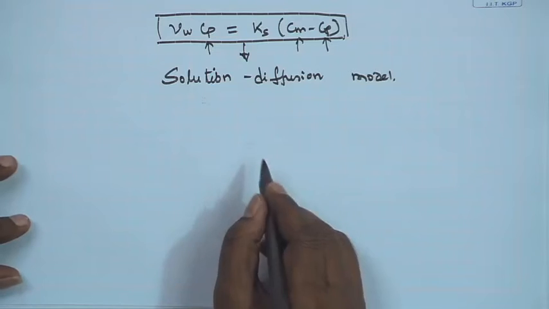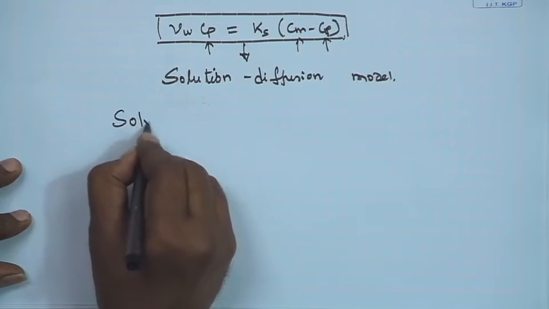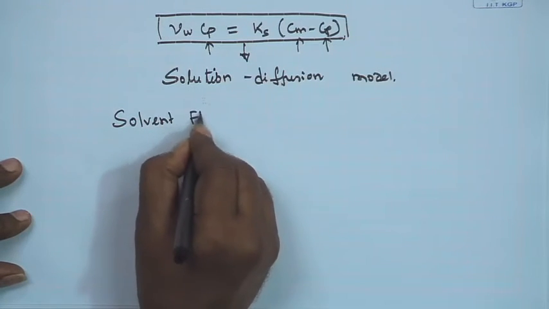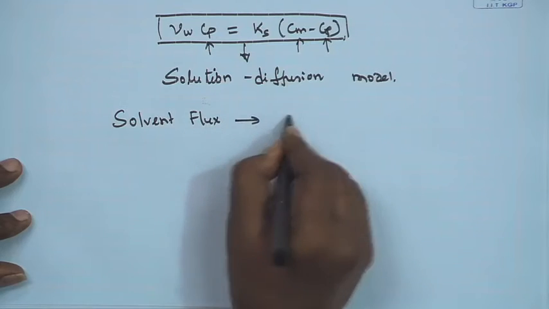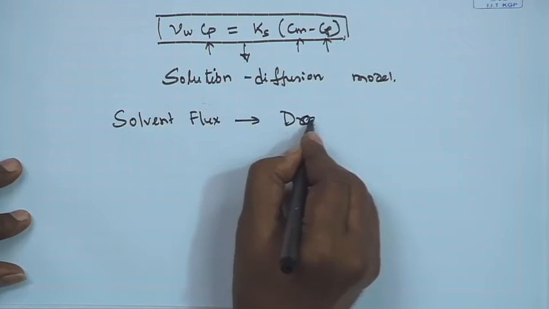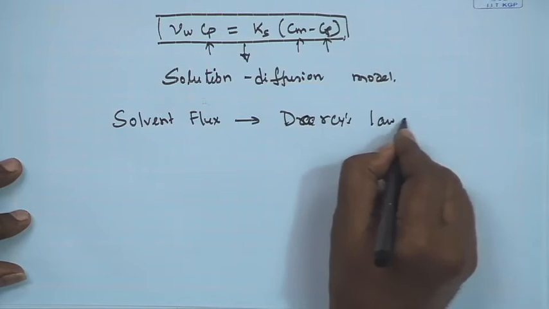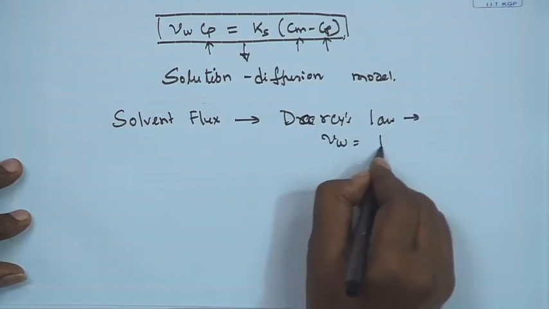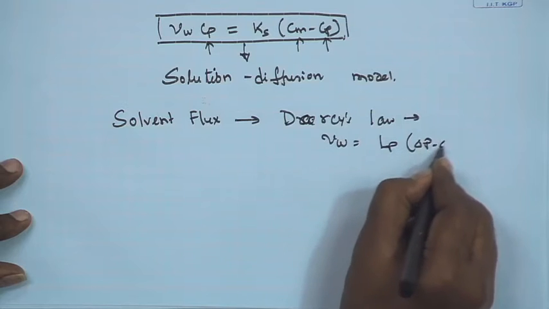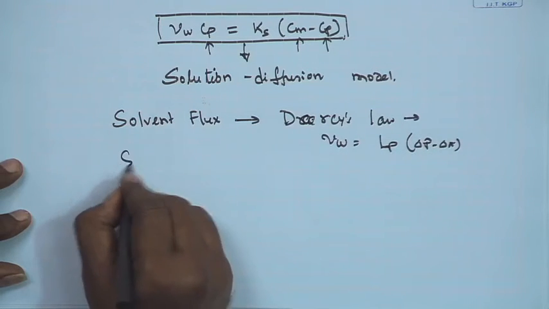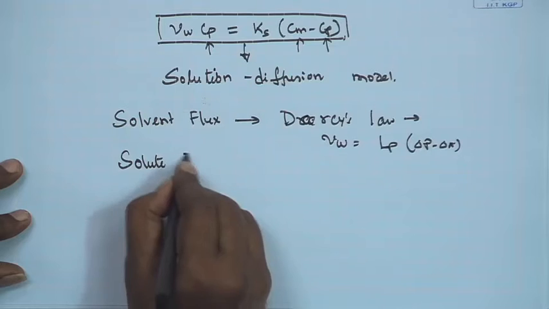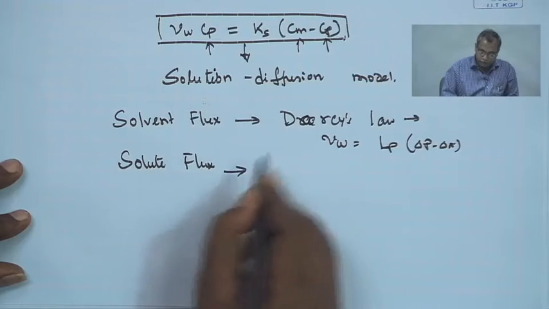So, we have quantified the solvent flux through the membrane, porous media, it is the Darcy's law. That is V_w = L_p (Δp - Δπ). We have quantified the solute flux through the membrane, reverse osmosis membrane.